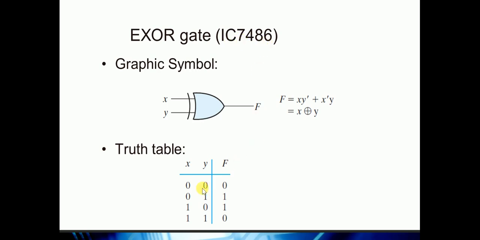Again, when both inputs are 0 0 or both inputs are 1, the output will be 0. It detects the difference. So you can see when this is 0 and this is 1, it will be 1, and when this is 1 and this is 0, this will be 1. This is high for different inputs.